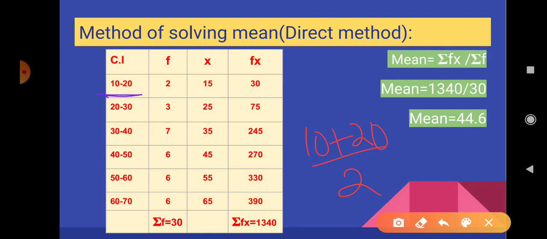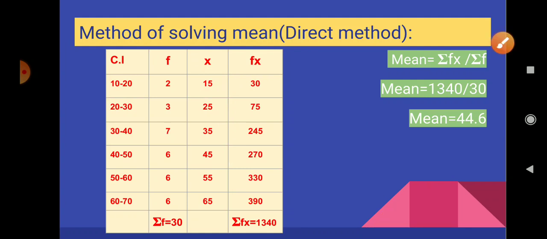So 10 plus 20 is 30, and 30 divided by 2 is 15. The same thing we got here, 15 only. So either by observing the class interval, you can say for 10 to 20, the mid value between them is 15, and for 20 to 30, it is 25. This is how you have to find the mid value.